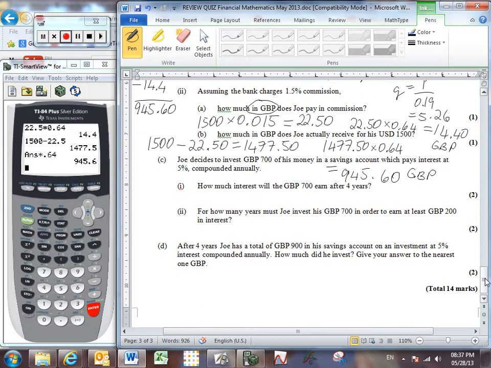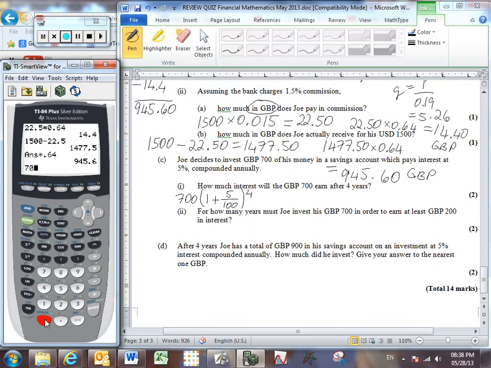Part C. Joe decides to invest 700 British pounds of his money in a savings account which pays interest at 5% compounded annually. So 700 British pounds is increasing by 5% compounded annually, so I don't need to worry about any K values, and it's to the power of 4.